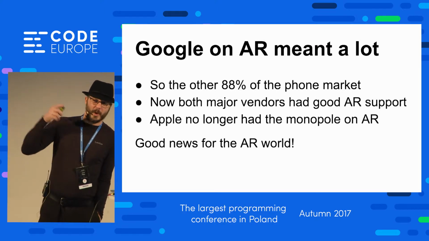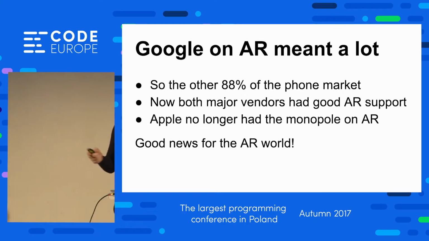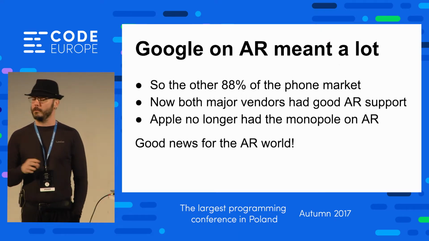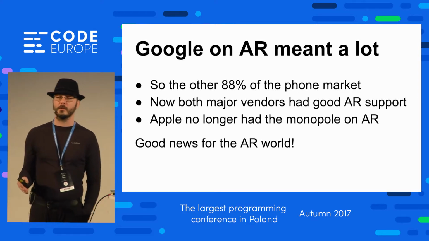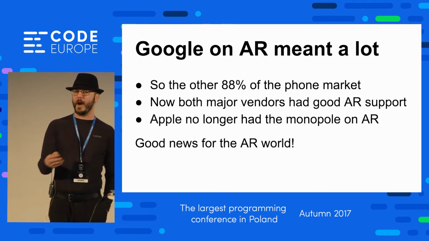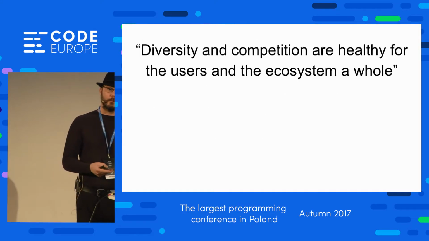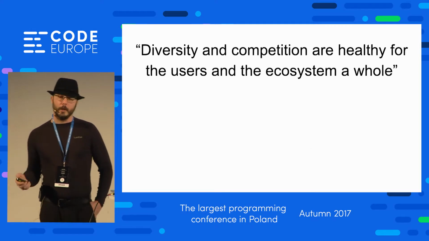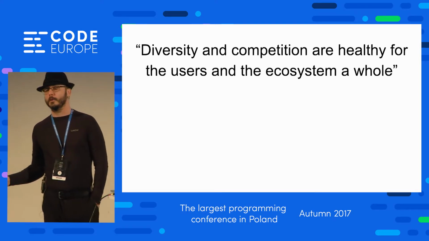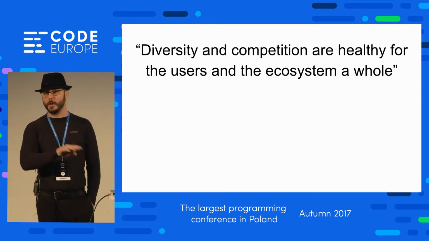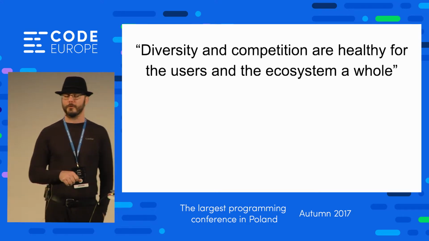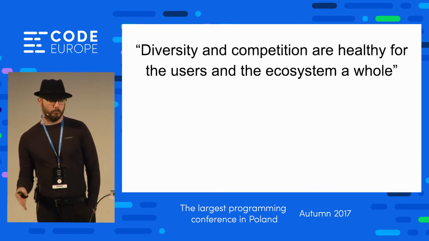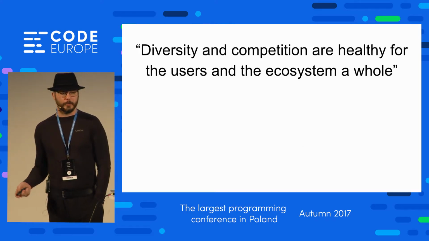Google on augmented reality meant a lot when you are, like me, promoting the web. First thing, obviously, iOS is 12% of the world market, so it's rather good, but Android is 88% of the world market. So suddenly we had Google and Apple, both major vendors. Together they provide the whole software stack in mobile, and they both provide good AR. So it was really good for me.